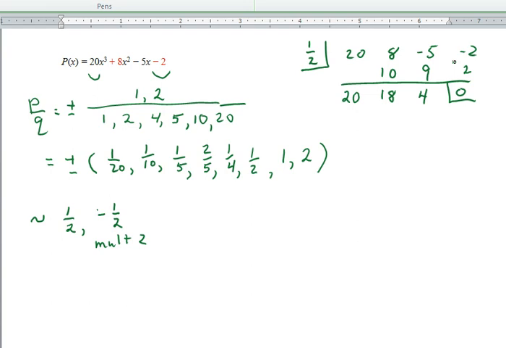And so now let's try the -1/2. 20 will be the leading coefficient in this quotient, times -1/2 would be -10, add 18 would be 8, times -1/2 would be -4, and add 4 would be 0.